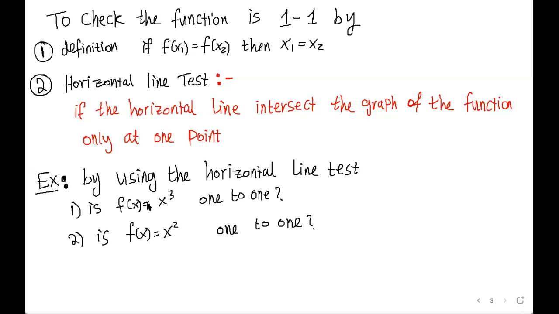So for the first function here, we know how to graph the first one, f of x equal x cubed. How is the graph for f of x equal x cubed?